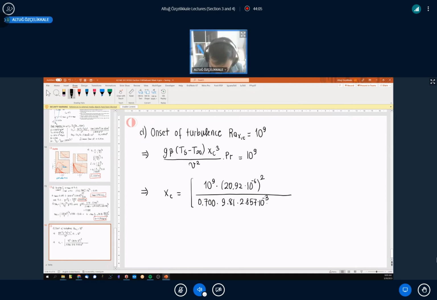And this is multiplied by the temperature difference of 130 minus 25. And this is all raised to the power 1/3 because of this 1/3 power. And as a result, we obtain the critical position as approximately 60 centimeters from the leading edge. That's the bottom edge of the plate. Okay. Any questions for this example problem?